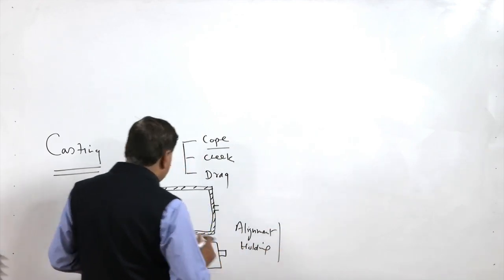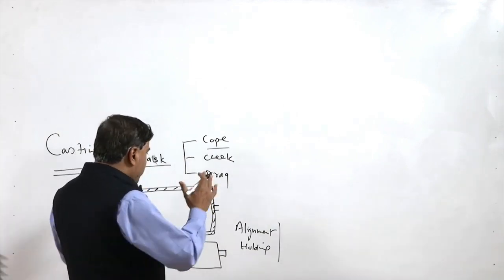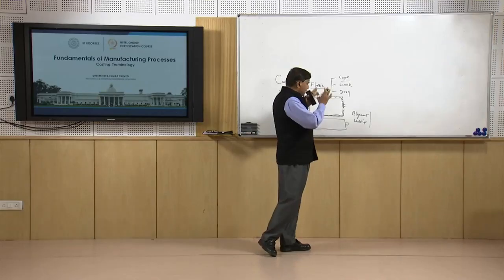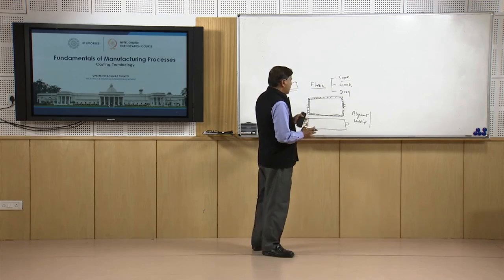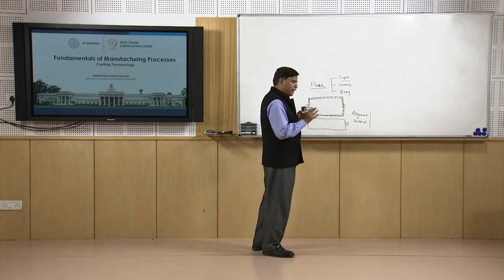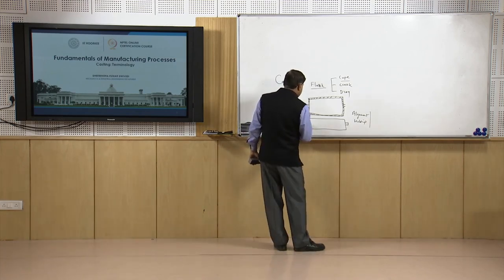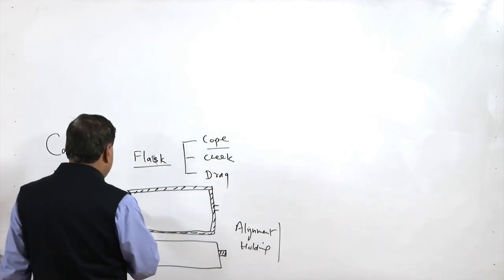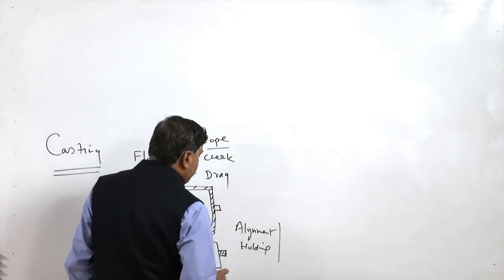When two or more flasks are used, they are kept one over the other and need to be aligned and held properly so that the shape of the mold can be maintained, and for this purpose these slots and holes are made so that a pin can be inserted to keep them properly aligned.